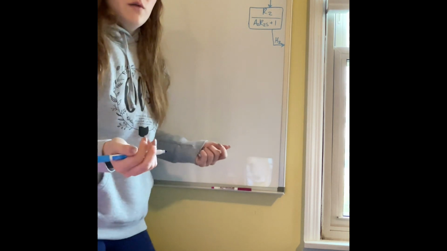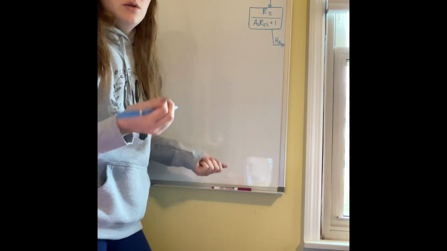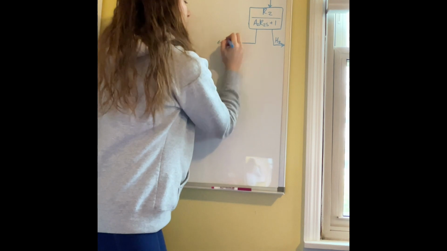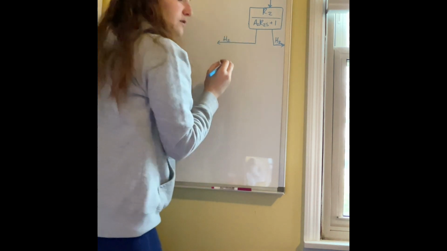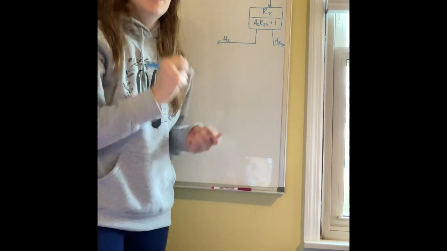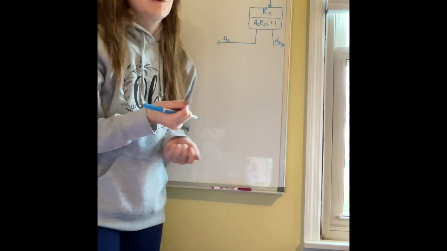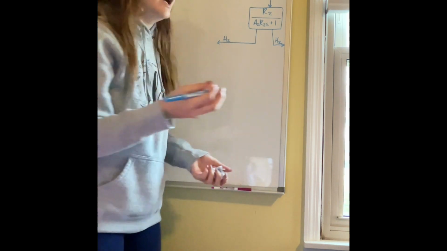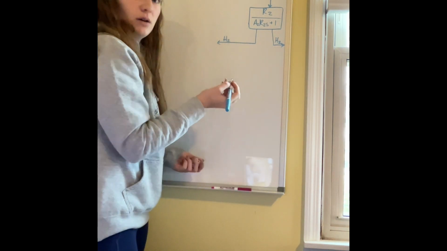So now, if we want to track what our H2 value is, we can send this through a measurement device. Typically, measurement devices are very complicated and you have to convert a lot of units. But for simplicity, we're just going to say that our measurement device does all of the work for us and it outputs our units in meters.